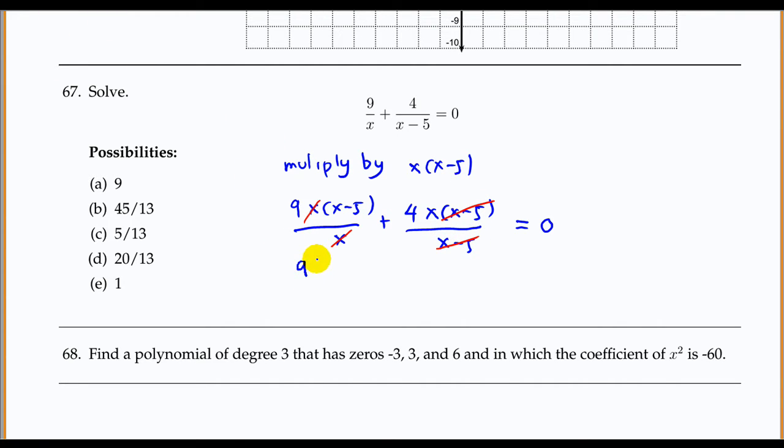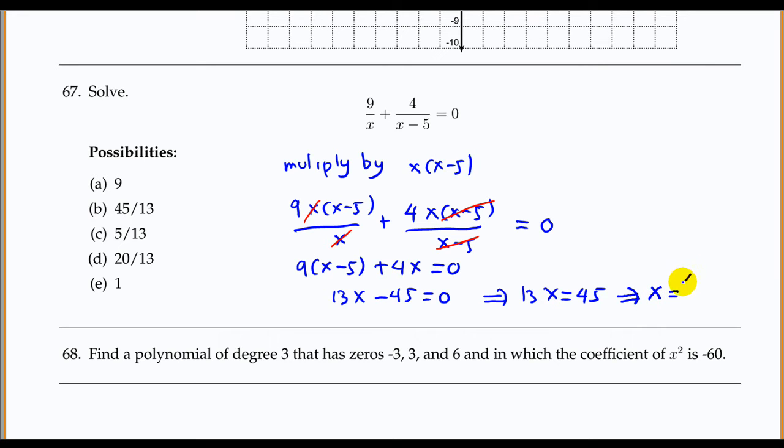So we have 9(x minus 5) plus 4x equal to 0. 9x plus 4x is 13x, minus 45, is equal to 0. So 13x is 45. Therefore x is equal to 45 over 13.